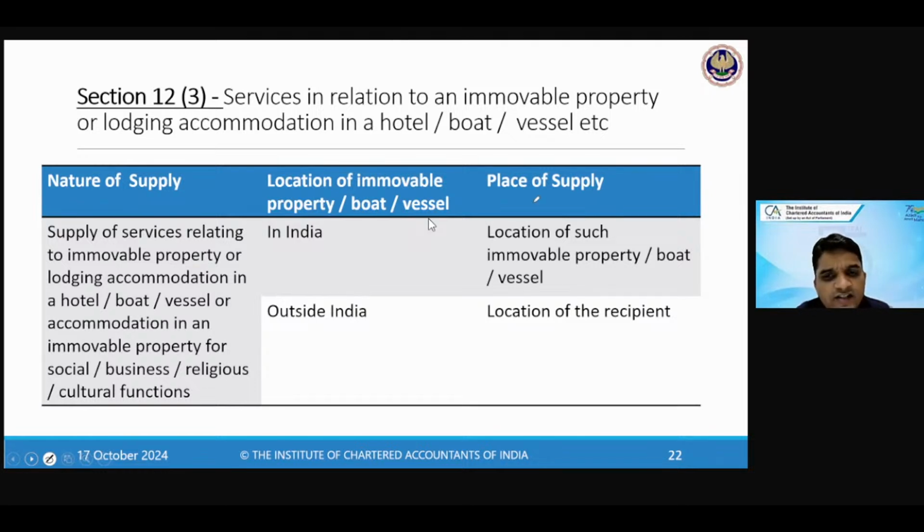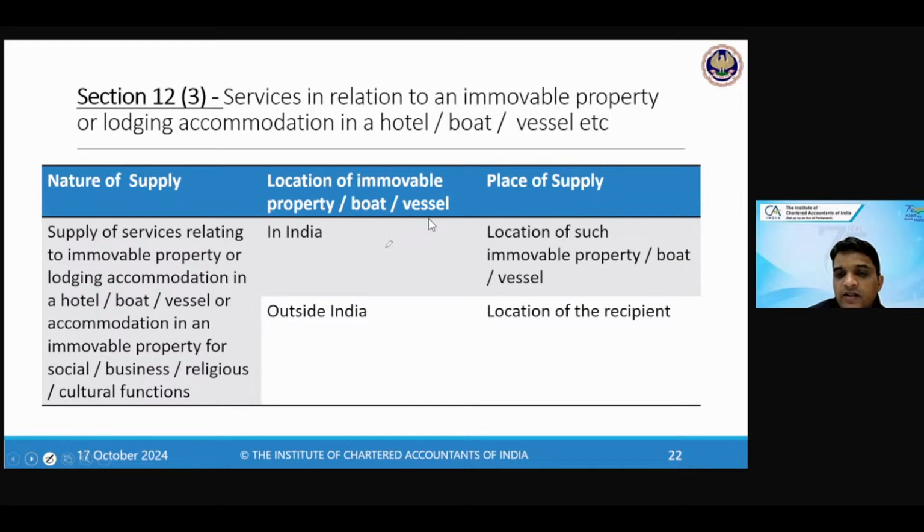Bangalore and Sunil Shetty, then IGST, yes, that's correct. So that is the place of supply in case of immobile properties.